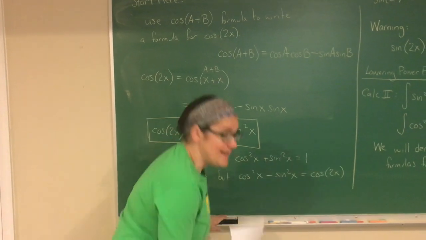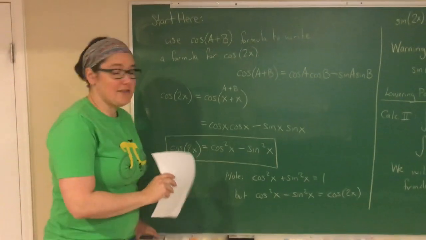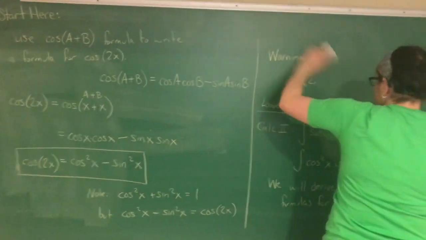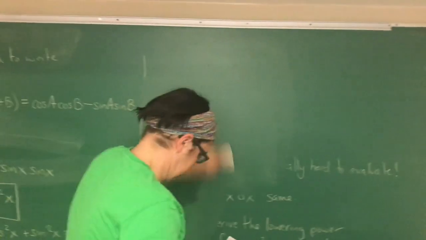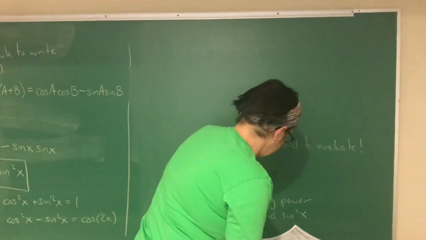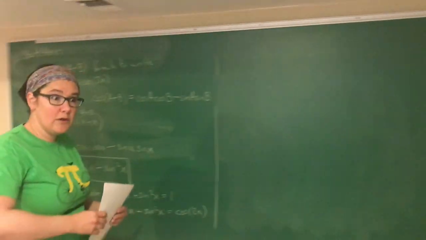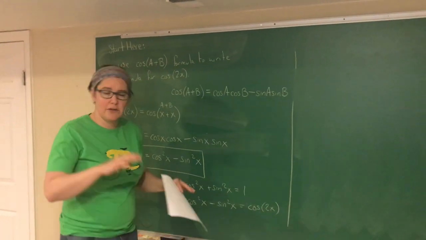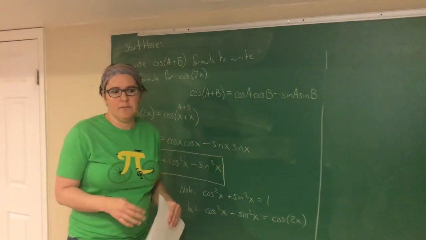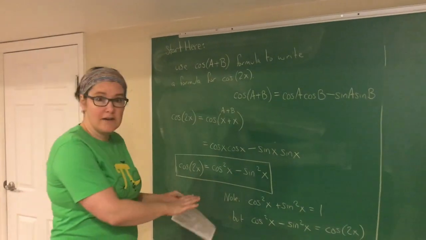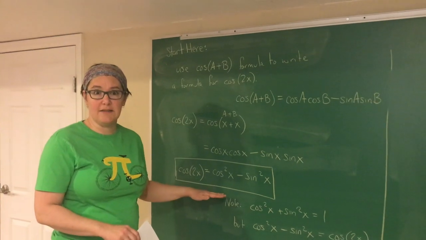Okay, that's not the end of our story. That's just a piece of the story. Remember our goal is we want to come up with a formula for the lowering power formulas for sine and cosine. We're not there yet, but we do need this identity to get there.